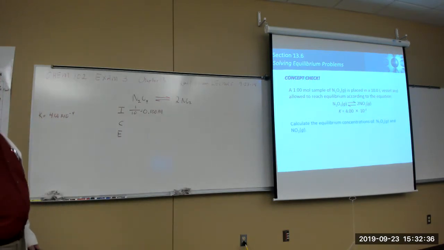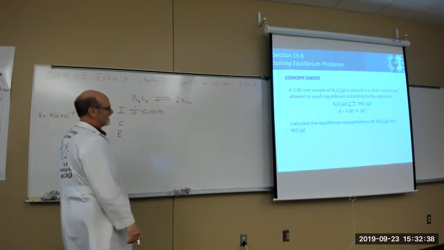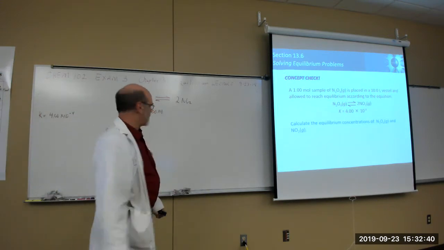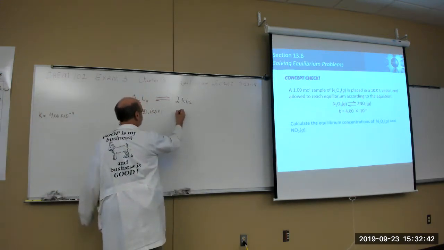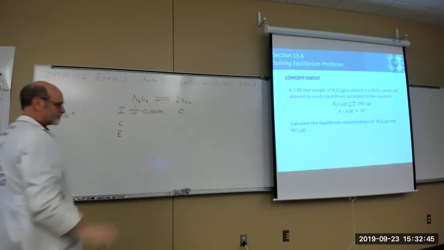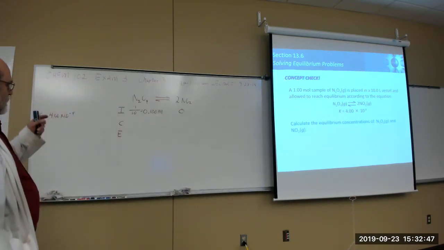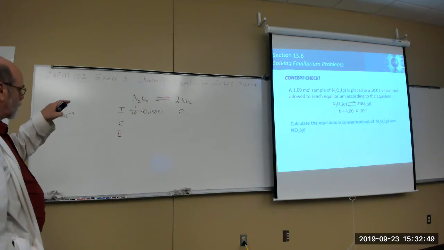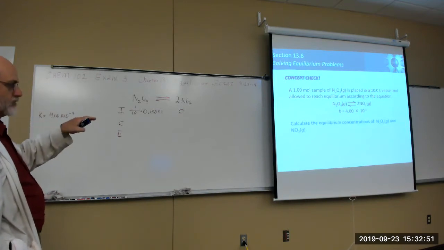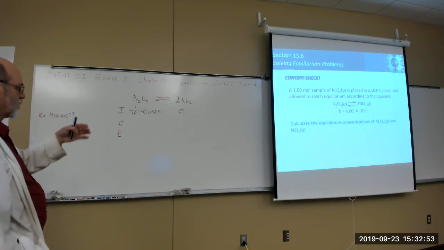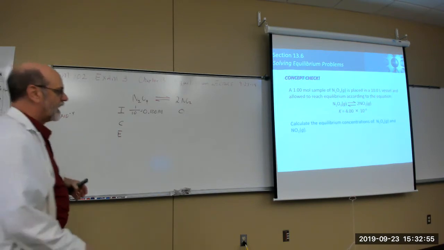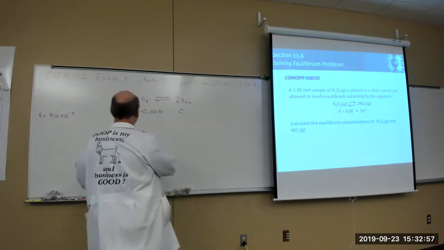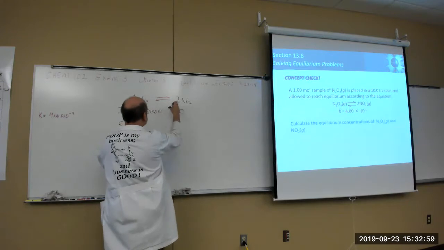I was thinking backwards, I was thinking it was still 10 instead of dividing. So we have 0.1 molar to start with and no NO2. That means it's going to the right, and the change is 1 to 2.